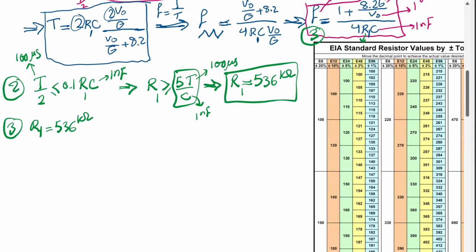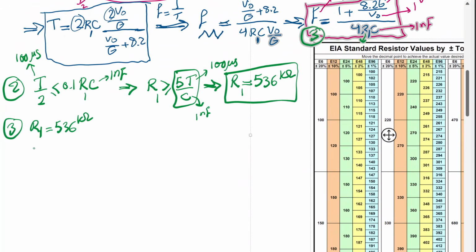536 kilo ohm, and then using equation 3 that says frequency is 1 plus R4 over R5, the gain, divided by 4 times output voltage times R1C.